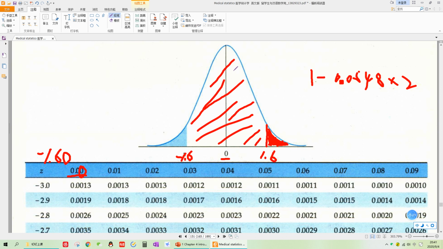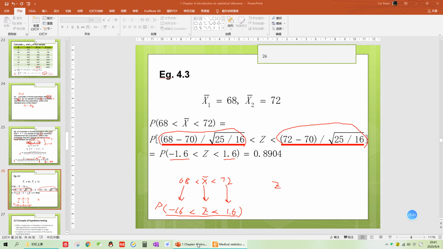That means the part except the left blue part and the right red part, this part in the middle. So that is the answer to this question. We can find that the probability is 0.8904.